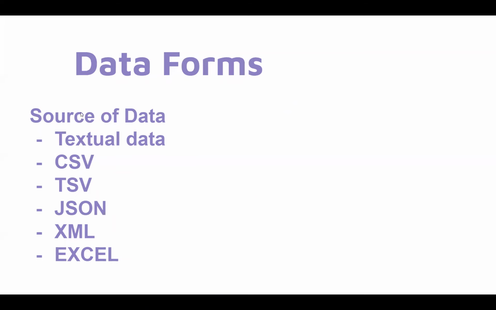Sources of data can be in different formats. Textual data, as in text, .csv files, .tsv files, .json files, .xml files, and .xls files. These could be the most common data formats. We will work on this by loading this kind of data.